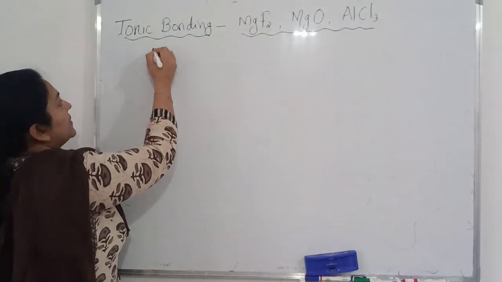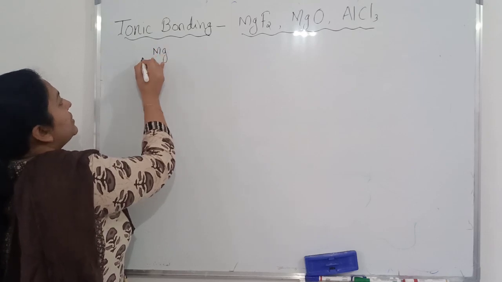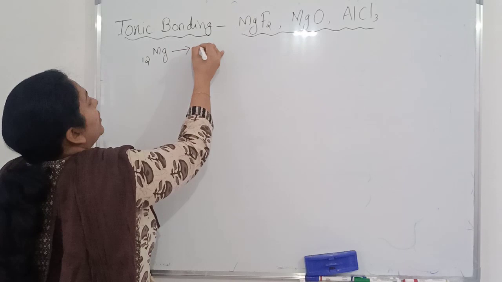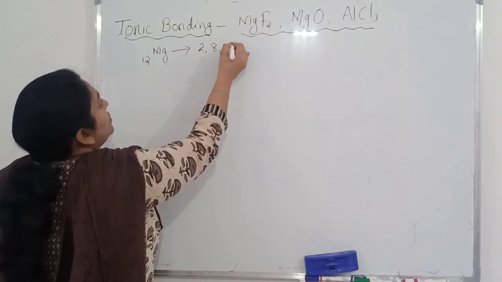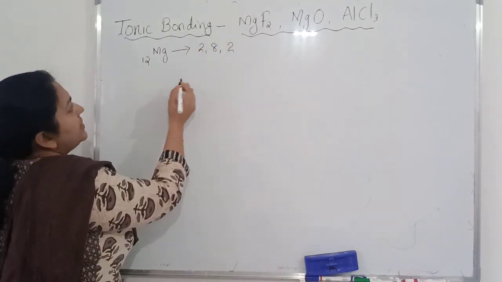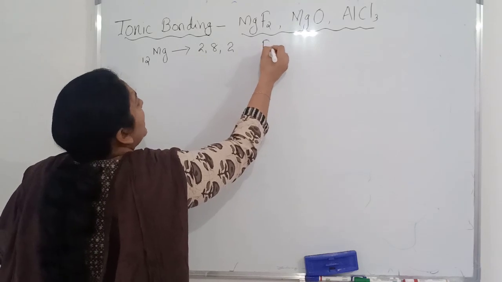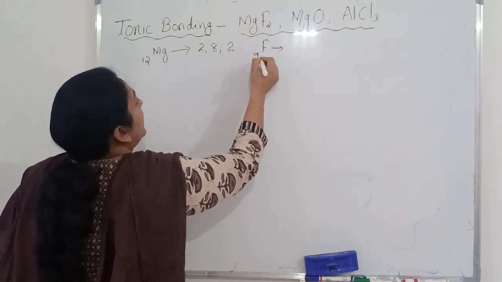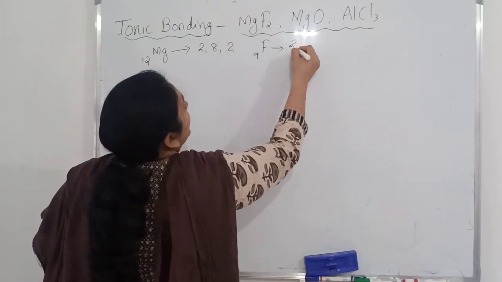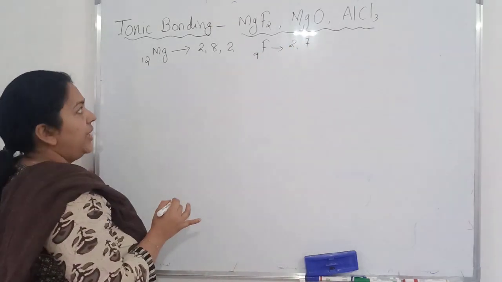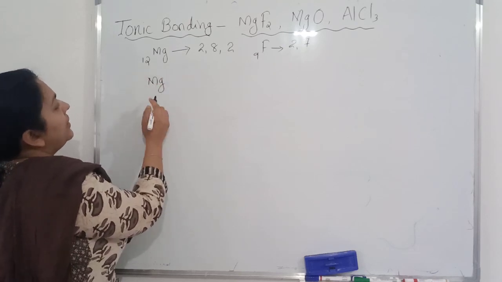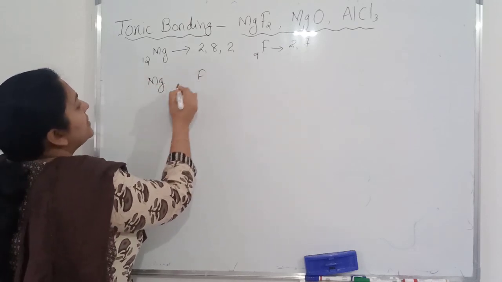Okay, so let's try to write the chemical formula of magnesium fluoride. So we know that magnesium has atomic number 12, electronic configuration 2, 8, 2, and fluorine has atomic number 9 and electronic configuration 2, 7. So how to write the chemical formula? Writing the valencies, isn't it?